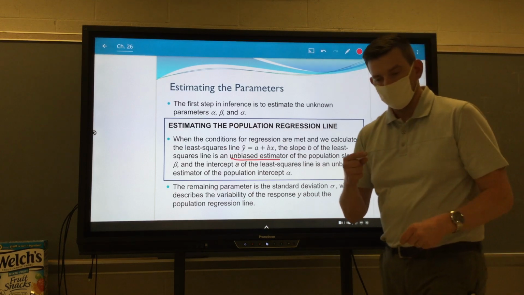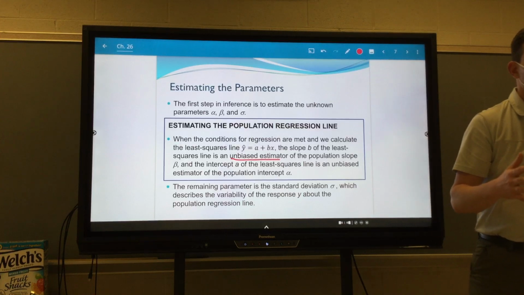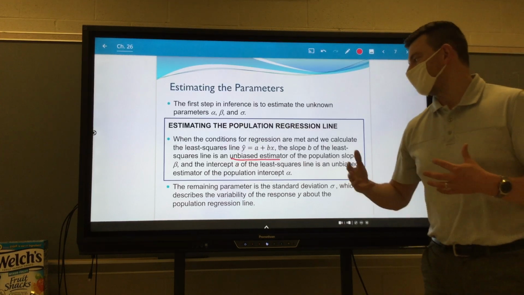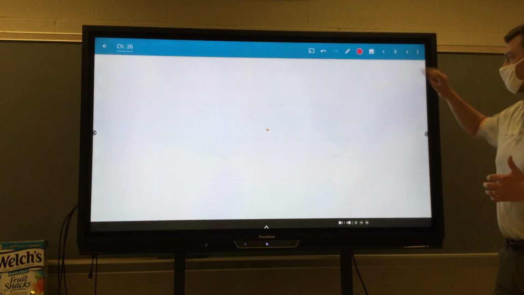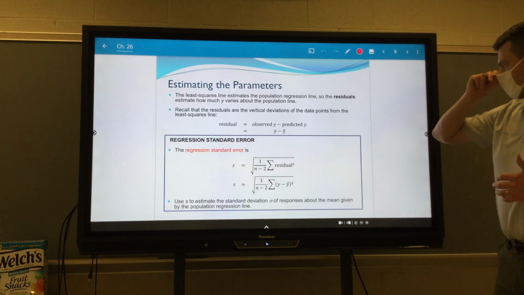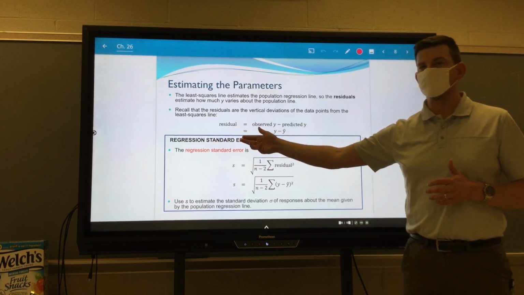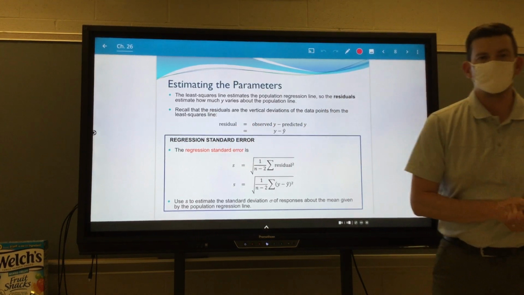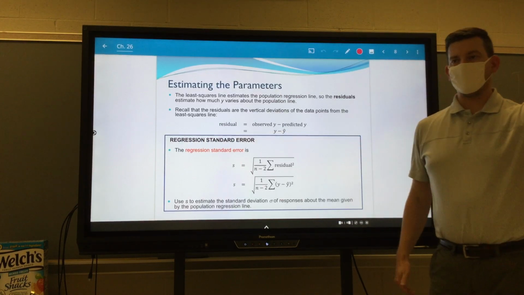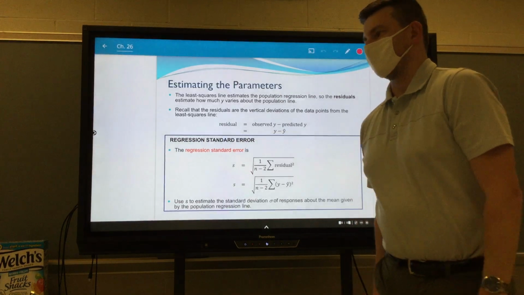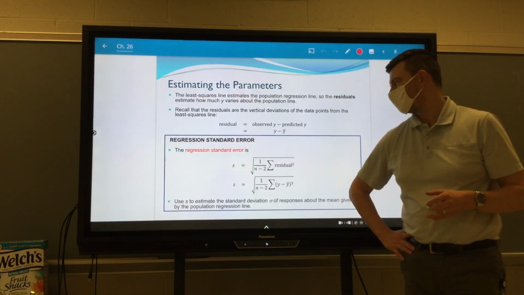If you recall, we talked a little bit in chapter 5 about residuals. And the residuals help us find this standard deviation. A residual is the observed y value minus the predicted y value. So in this case, let's say we had a child who had an IQ of 110.